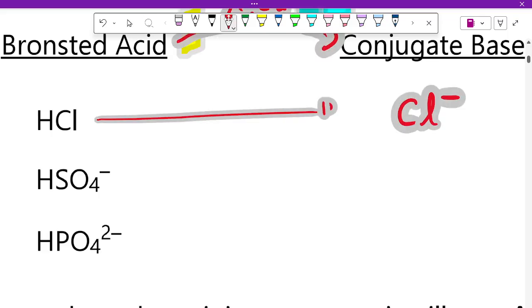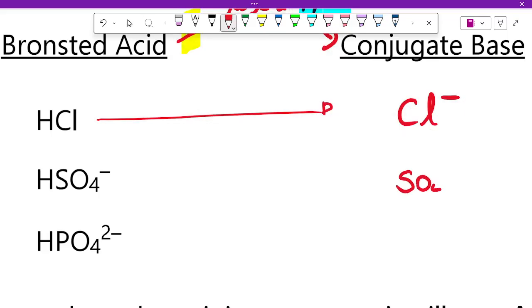SO4 minus. Okay, so we get SO4, and then the charge is? Minus 2. Why is it 2 minus? Because we lost a proton, a plus charge. Okay?